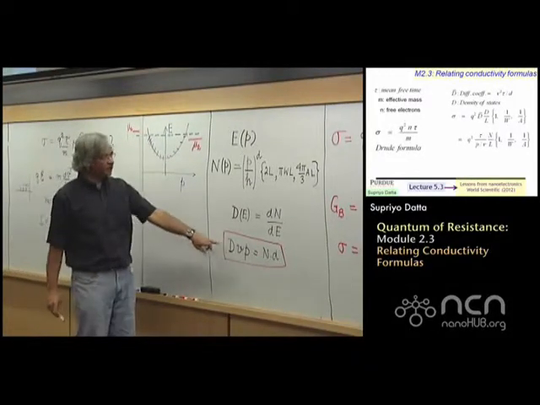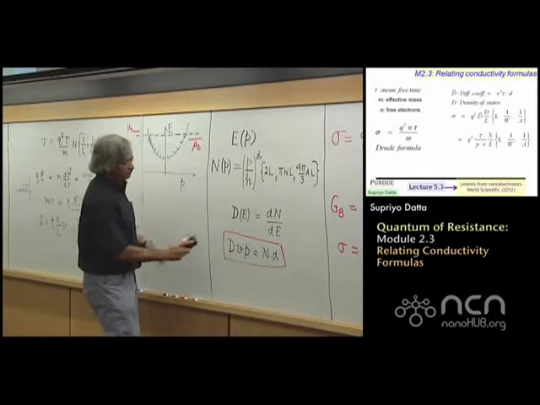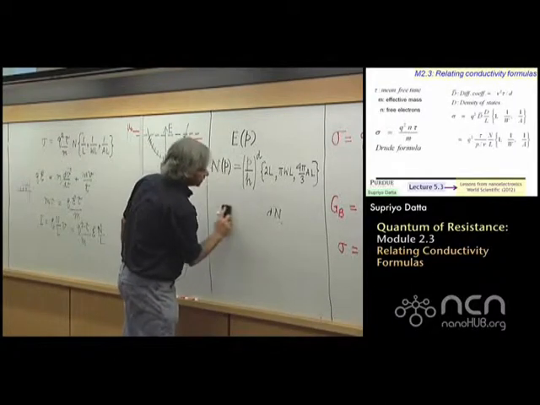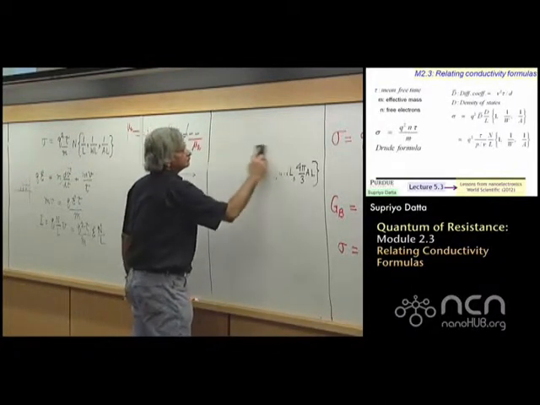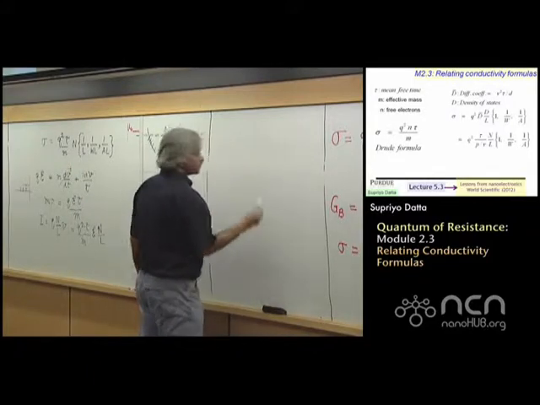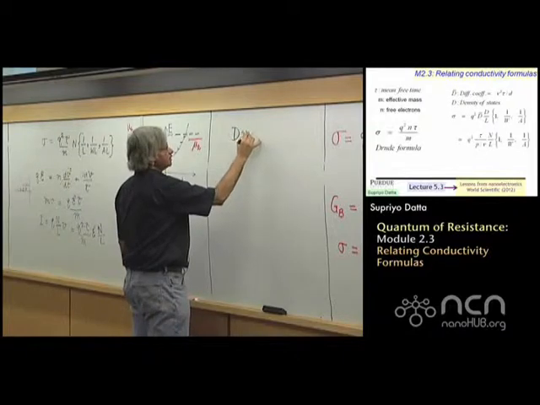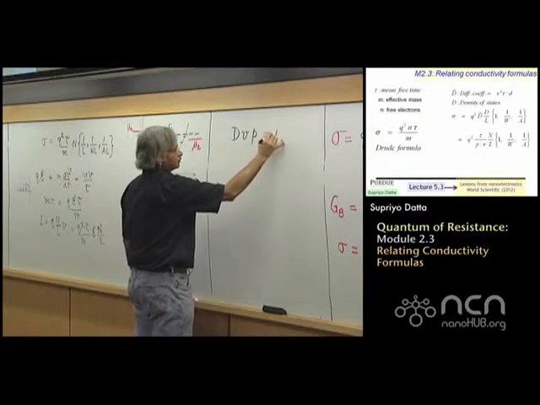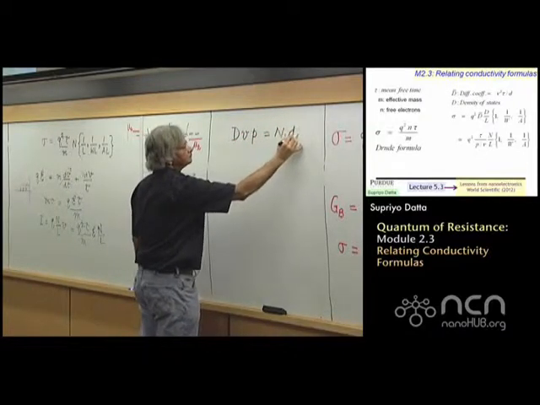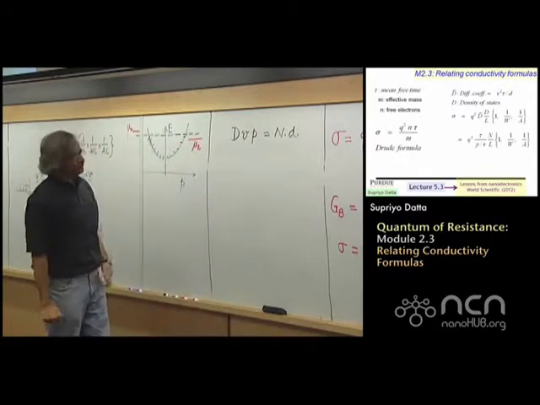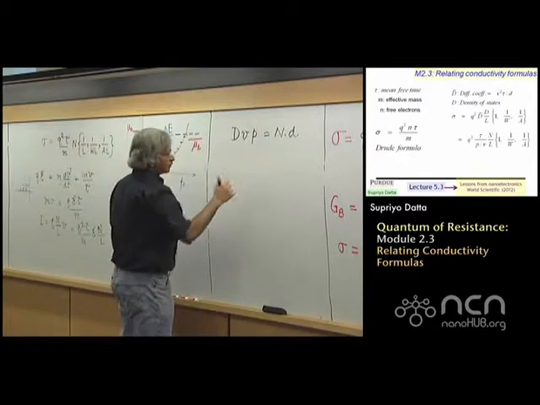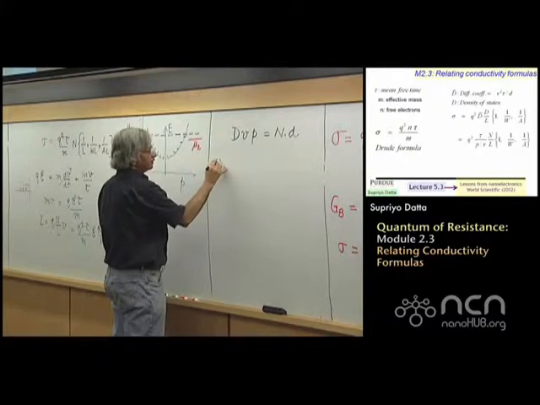This dVp equals nd. So let me write that up here, and you'll see. The expression I want to make use of is that the density of states times Vp is equal to n times d.